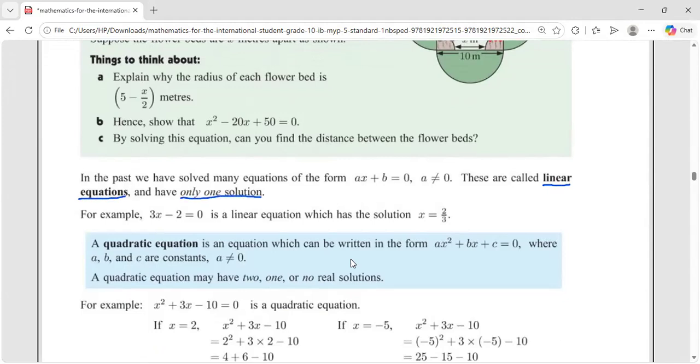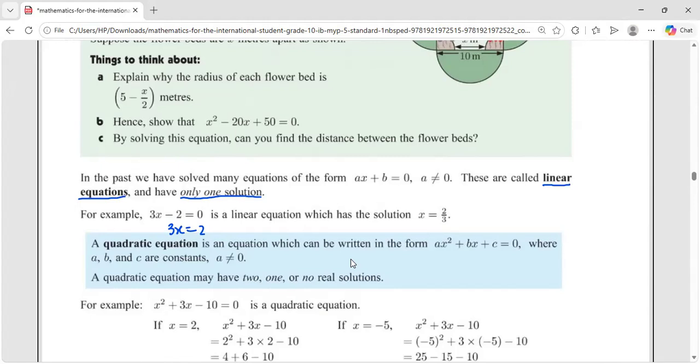For example, an equation like 3x minus 2 is equal to 0: when we eliminate 2 on both sides, we get 3x is equal to 2. Moving forward, we get x is equal to 2 by 3. Moving one step ahead, we have another form of equation, which is known as the quadratic equation.